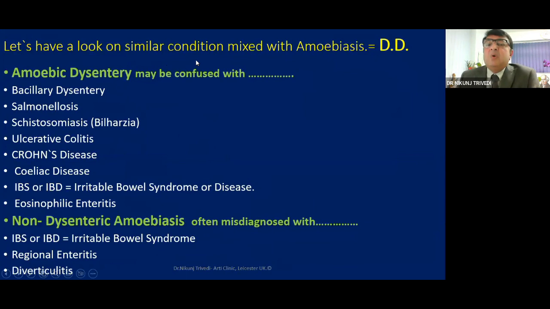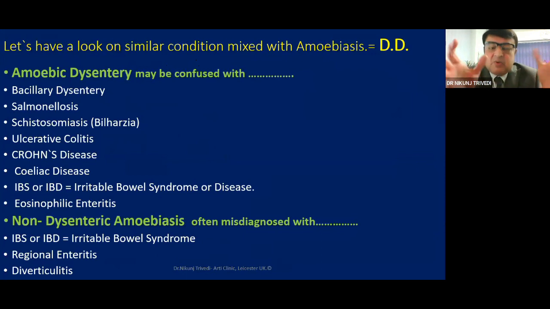Let us have a look at similar conditions mixed with amoebiasis, which we call differential diagnosis. Differential diagnosis is very important in the selection of our homeopathic remedy as well. So amoebic dysentery may be confused.